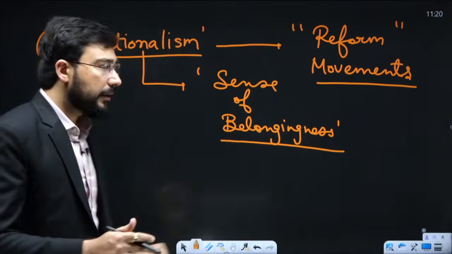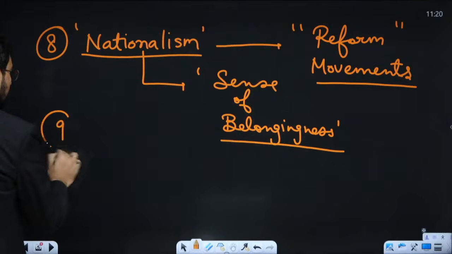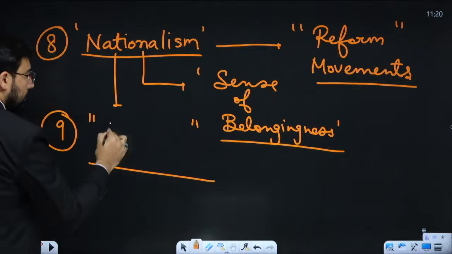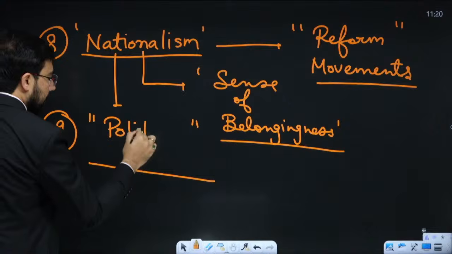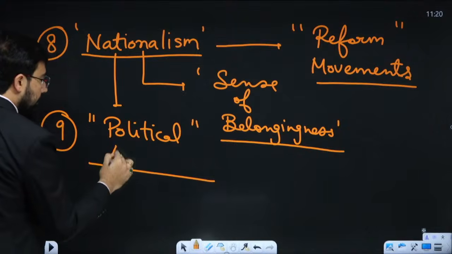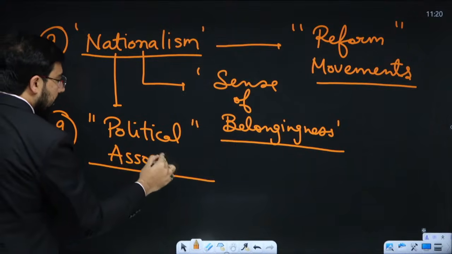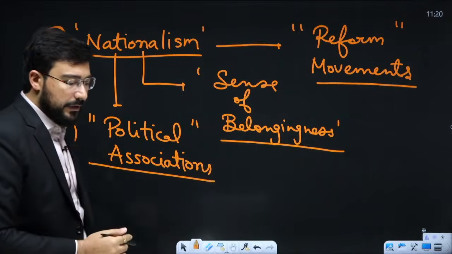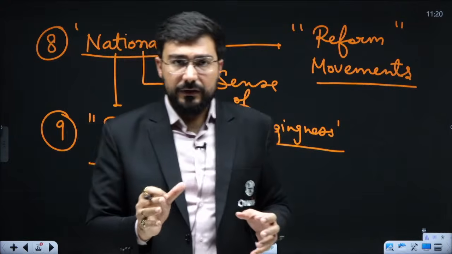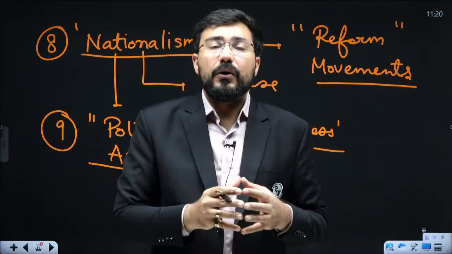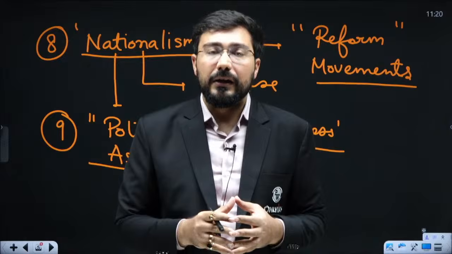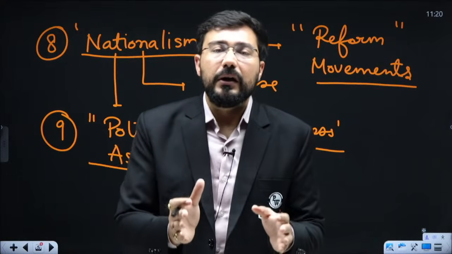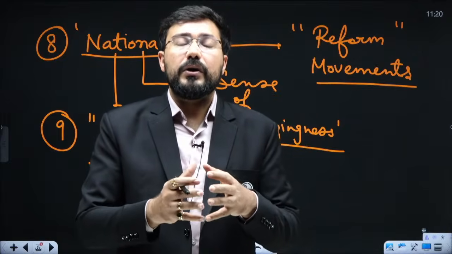Slowly, along with nationalism, we will see the rise of political associations in India. All of you need to understand this. I'll take this topic in detail later on: nationalism in itself, in the cultural arena, cannot bring big change until we have political associations, where we can work together and eventually come out with political demands.